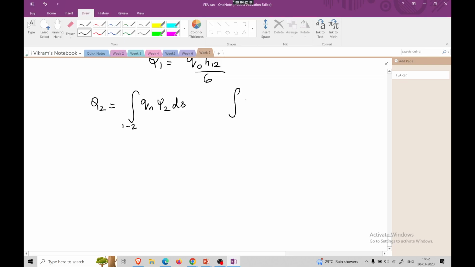So q2 is q0 into h12 by 3. Q3 will again be 0 because psi 3 is 0.